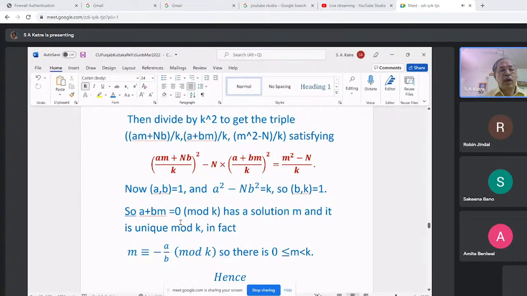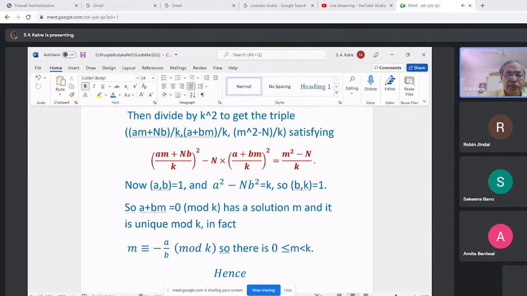K times something. So that is a Kuttaka equation. And we can find the value of m there. M is the Kuttaka or something to be found out. And you can do it by trial also. But if the numbers are large, then to solve it, you use Kuttaka method.